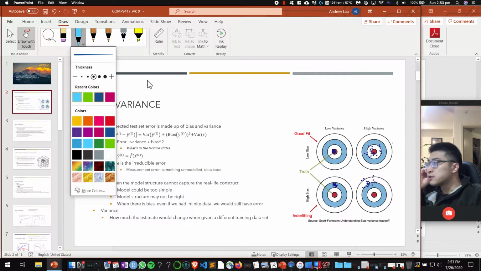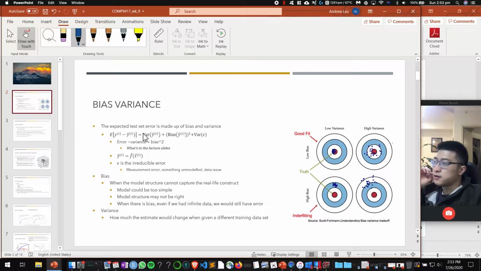So loosely speaking, we can decompose the error. When you fit a model and see how well it performs, the error can be measured in a variety of ways. Some good ones, say mean square error is a very common one. Log loss, say.